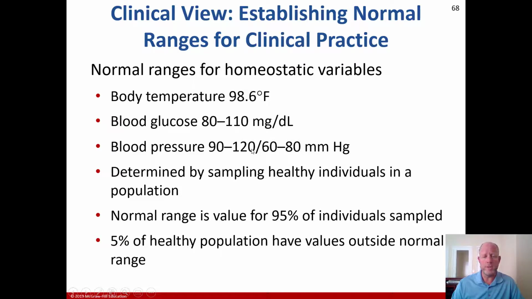If it's above either of those numbers or below, there's potential risk, right, for all these variables. And of course, this is determined by sampling healthy individuals in a population, which is why it's not exact. Normal range is the value for about 95% of individuals sampled. There's about a 5% variance where they can vary a fair amount from these numbers.